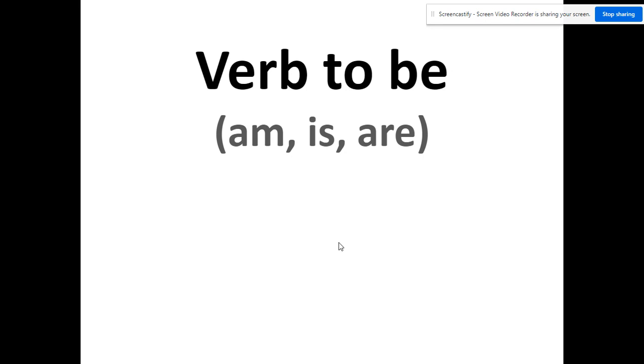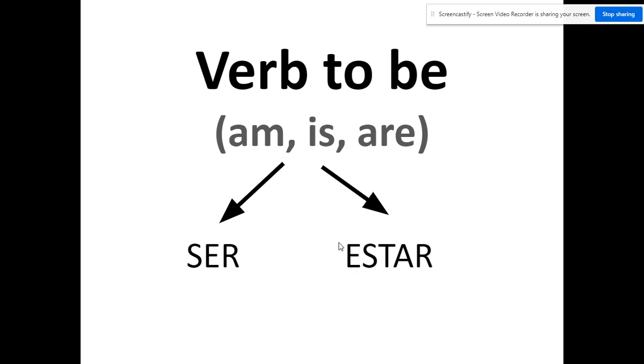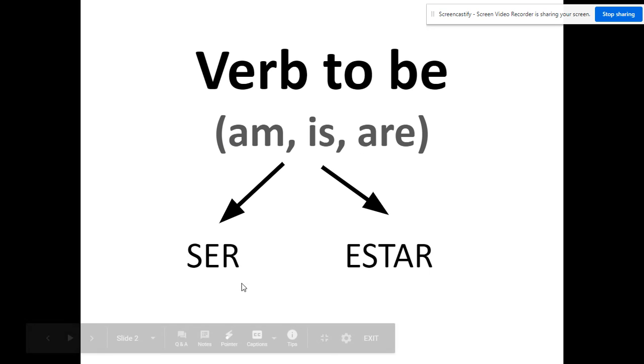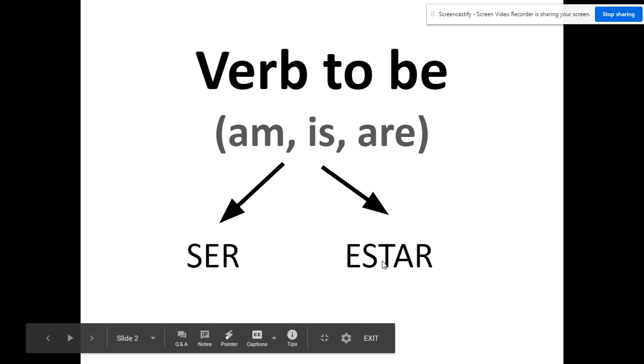Well, when we conjugate the verb to be in Spanish, it has two meanings. One meaning is ser, and the other meaning is estar. Okay? So sometimes am is are could be ser, am is are could be estar.